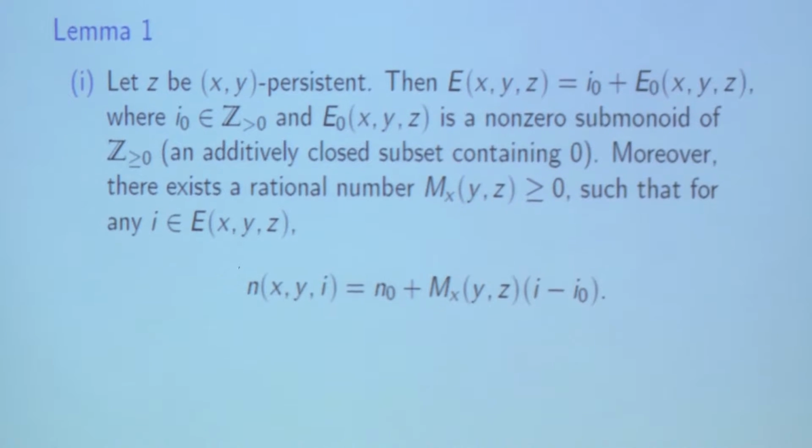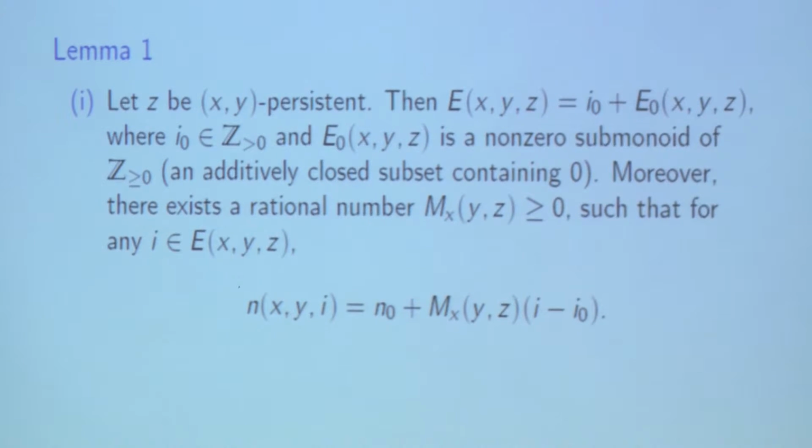Lemma 1: if Z is XY persistent and this set takes this formula, then there exists a rational number mxyz such that this is satisfied.